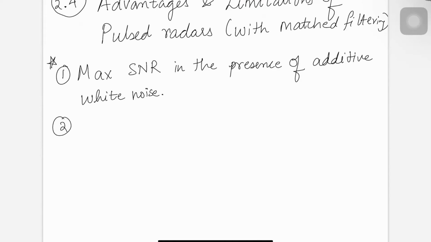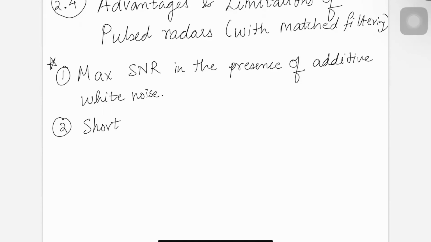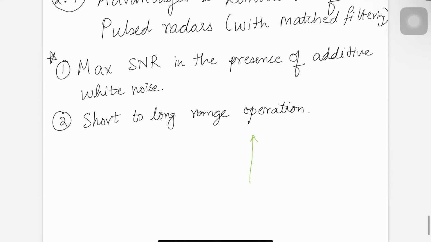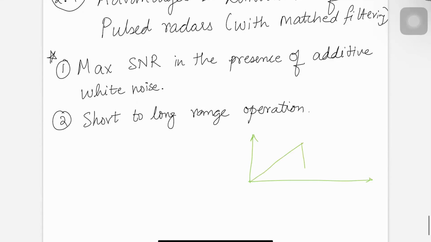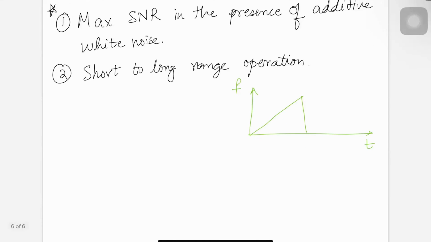Another advantage, compared to FMCW radars, is that you can do short to long range operation. This is one of the drawbacks of FMCW. If I have a transmitted pulse like that, on this time-frequency plot again, referring to the previous video, for FMCW you need the response to come very close to the transmitted pulse, because you're multiplying these two signals.